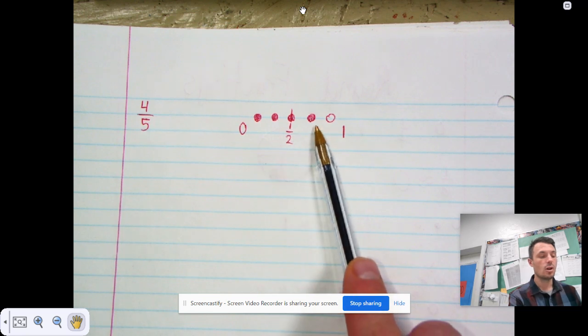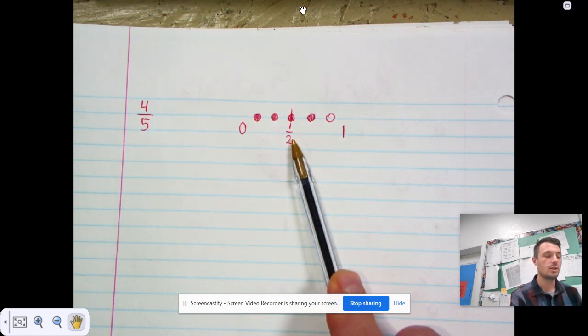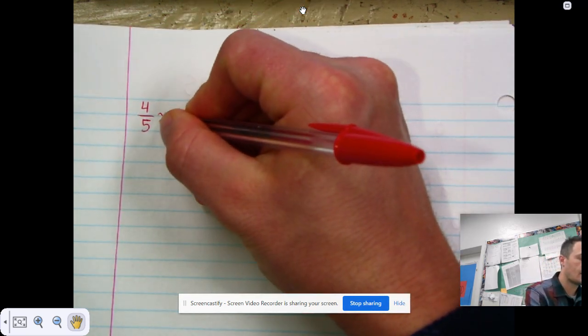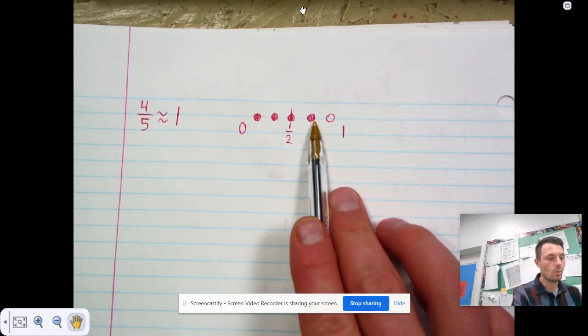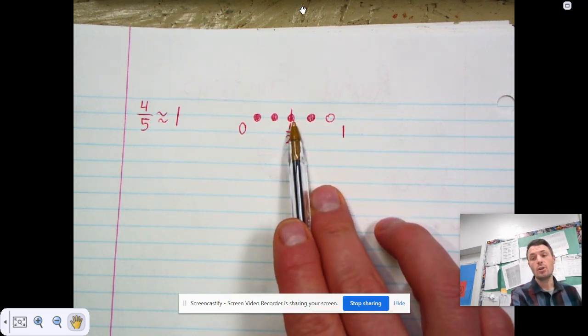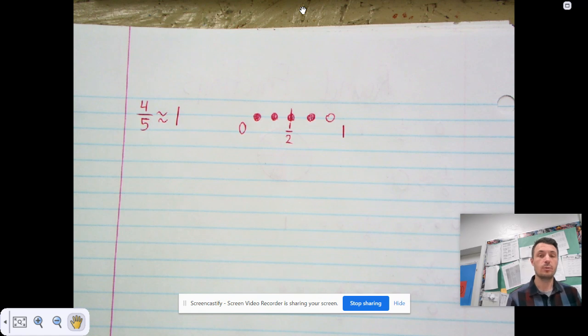And it's closer to all the marbles being colored in than it is to half of the marbles being colored in too. So we would say it's about 1 whole. It's only 1 away from all the marbles being colored in, whereas it's 1.5 away from having only half the marbles colored in.